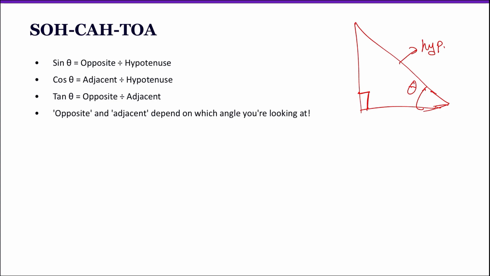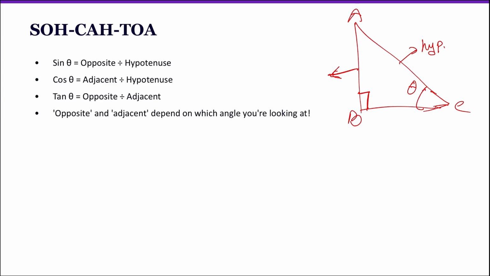And then the other two sides, we can call them adjacent and opposite based on where they sit relative to our angle theta. So here, this guy AB right here is sitting opposite to angle theta.